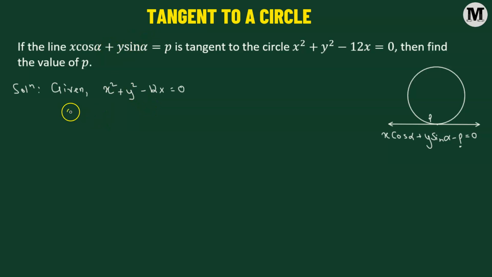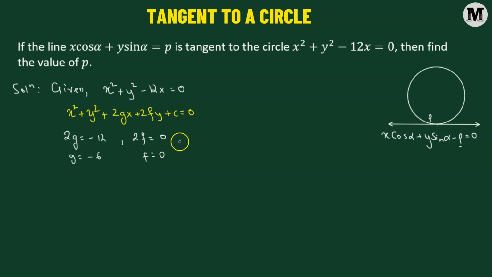All we have to do is compare it with the general equation of the circle, which is given by x squared plus y squared plus 2gx plus 2fy plus c equals 0. This gives us 2 times g equals negative 12, which means that g comes out to be negative 6. Then we have 2 times f, so the f value will be 0, and the constant c is also 0.